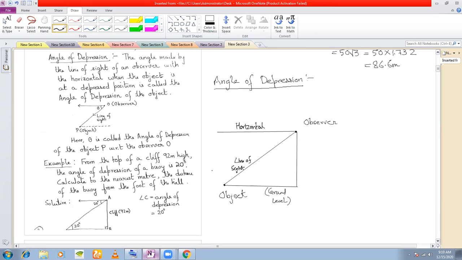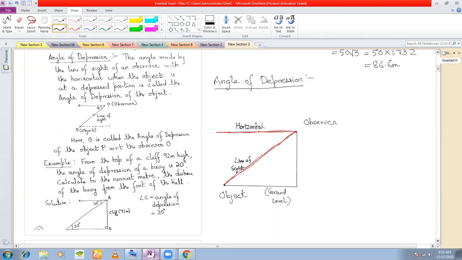The angle of depression is defined as the angle made by the line of sight of the observer with the horizontal. This is the angle that we are talking about.